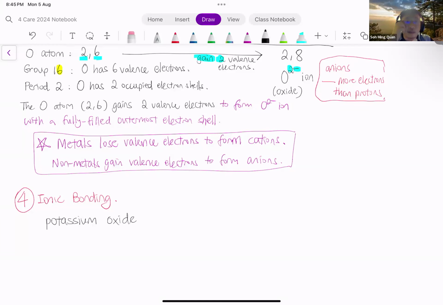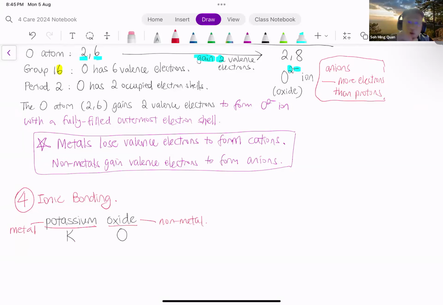Whenever we say potassium oxide, please do not assume that it's KO. That's incorrect. What's crucial here is that you need to know this is definitely a compound, and this is an ionic compound. I know it's ionic because there is a metal and there is a non-metal.